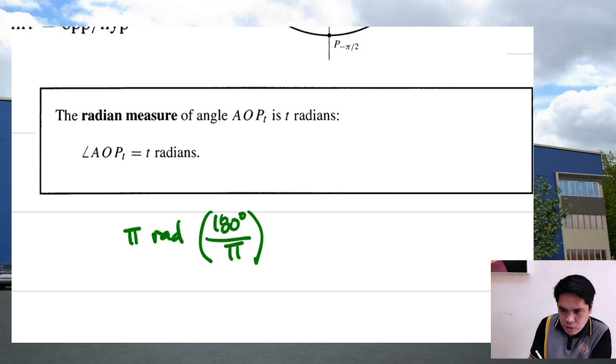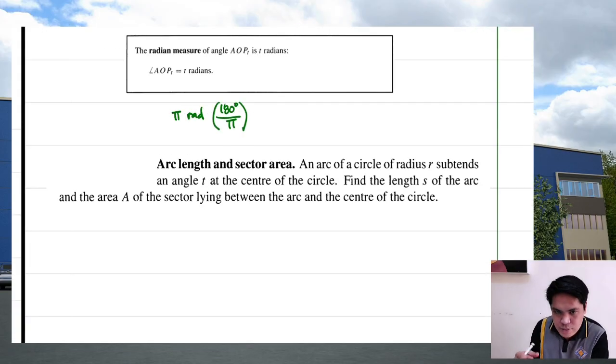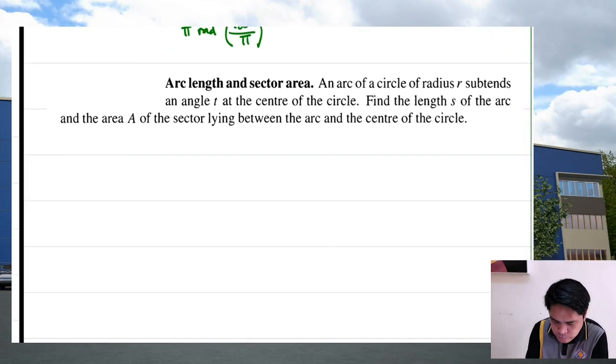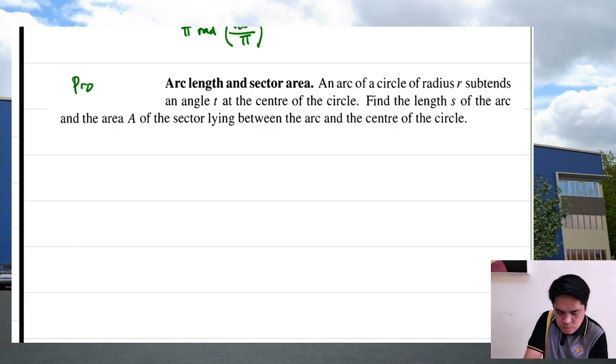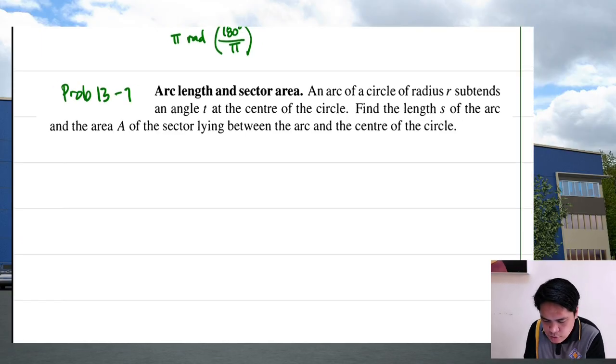Pero kung baliktad naman, we have degrees then to radians, so baliktarin natin yung ratio, that would be pi over 180. So ganun lang siya. Now let's have this example. Since we are in lesson 13, we'll call this problem 13-1. Arc length and sector area.